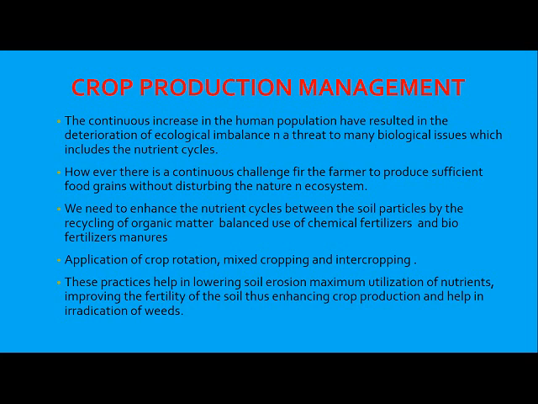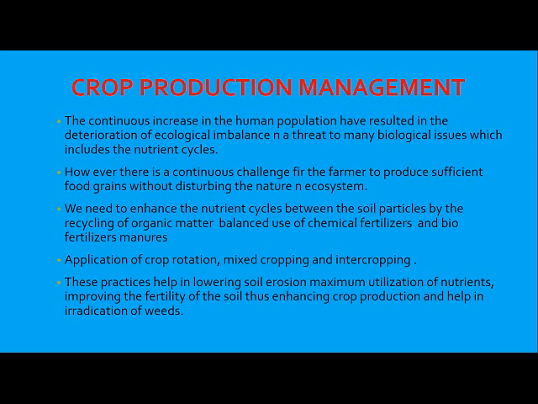However, there is a continuous challenge for the farmer to produce sufficient food grains without disturbing the nature and the ecosystem. We need to enhance the nutrient cycle and the balance of nutrient between the soil particles by recycling the organic waste and a balanced use of chemical fertilizers, biofertilizers and manures.